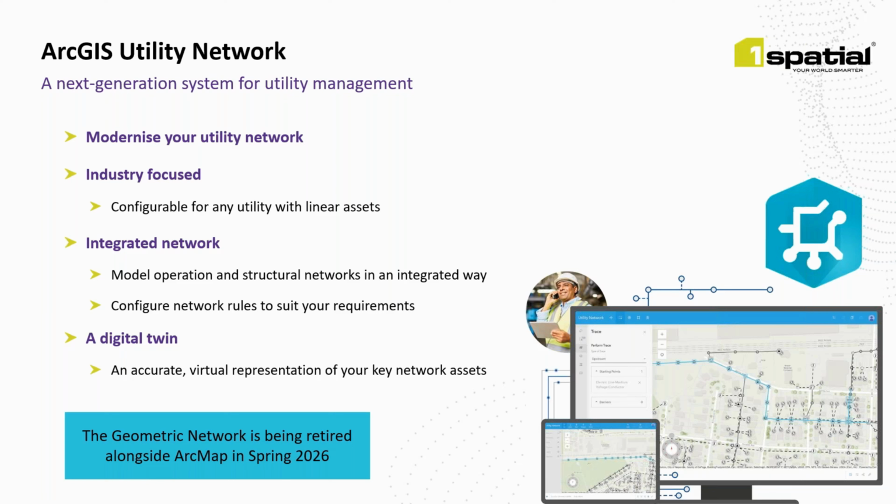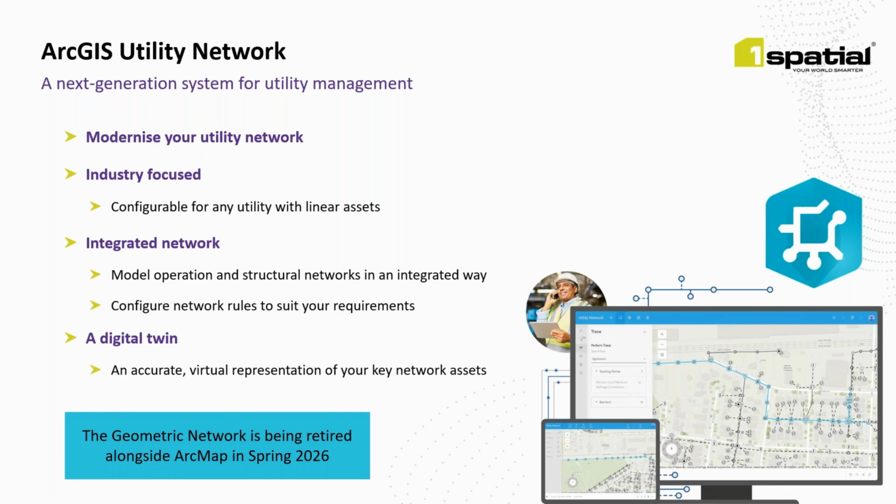Now, the reason it's becoming increasingly important for those who are existing Esri users, you may already be using the geometric network. Well, that geometric network is being retired alongside ArcMap and some of the other tools within the Esri suite in just a couple of years now, so spring 2026. So that is a date to keep in mind, as I say, if you are an existing user of the geometric network.